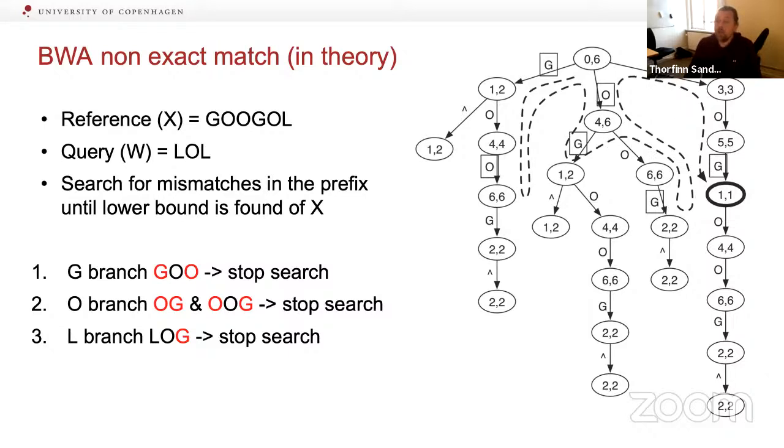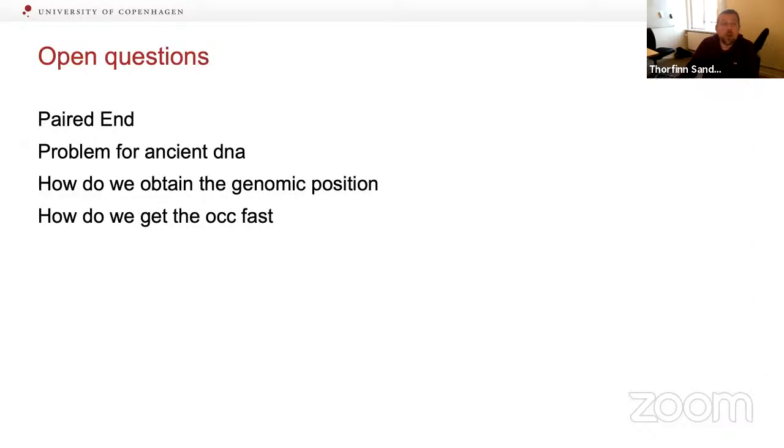We do the same here, we start with an L, that's correct. We have an O, that's also correct. Then we have a G, this is incorrect, right? And then our LOL string is not any longer, so we stop, so we did not have a match. So when we allow for mismatches, we just allow the search to continue while keeping track of the number of mismatches. Good.